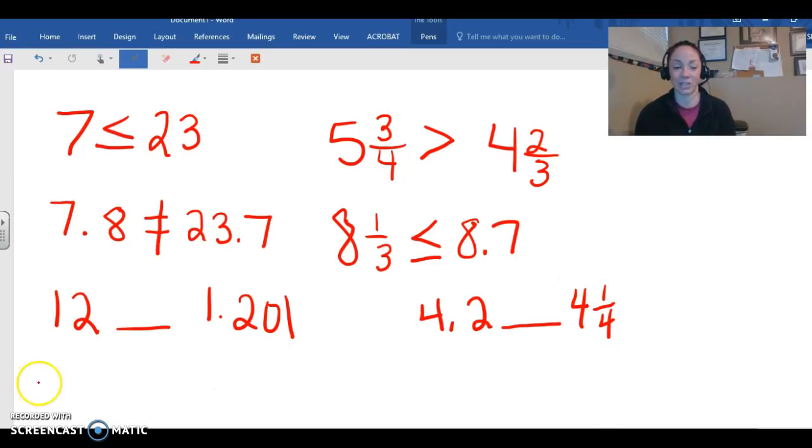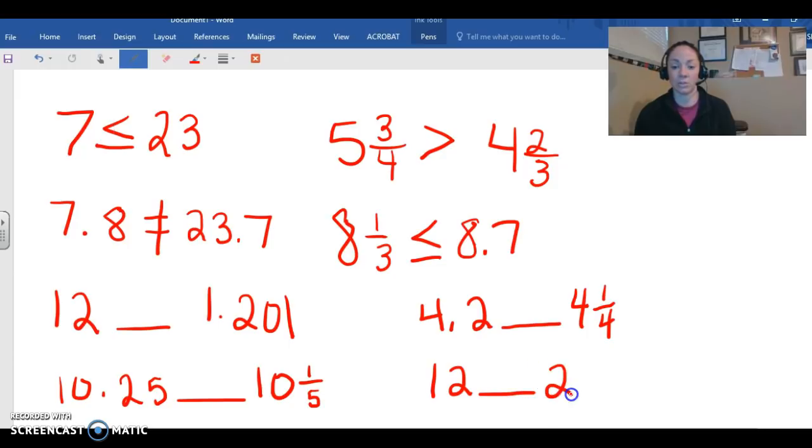That one will be a little tricky, so watch out. And then 10.25 and how that compares to 10 1/5. And then the last one, you're going to compare 12 to 2.